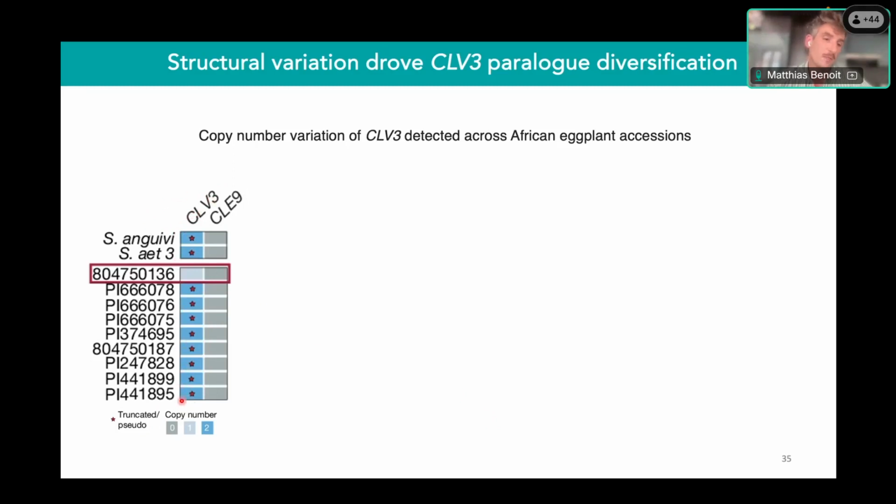While most of the accessions of African eggplant have the typical two-copy duplication of clavata3 with one being non-functional, as I showed before, there is one accession showing an interesting pattern, seemingly having only one functional copy.